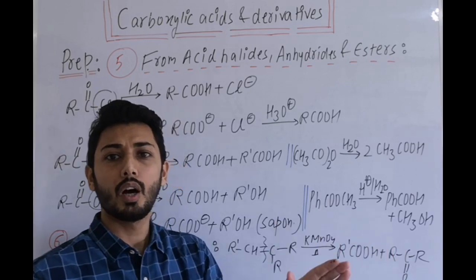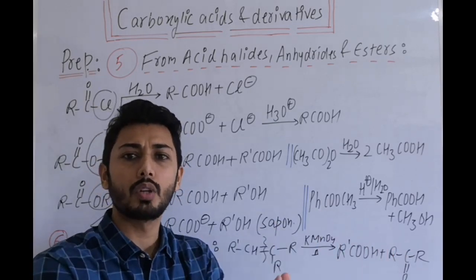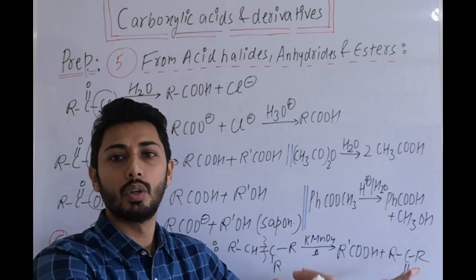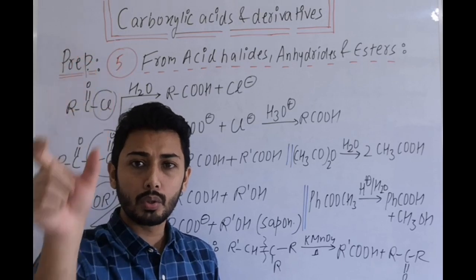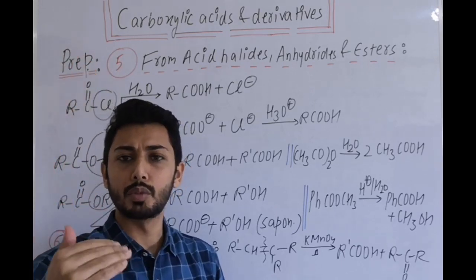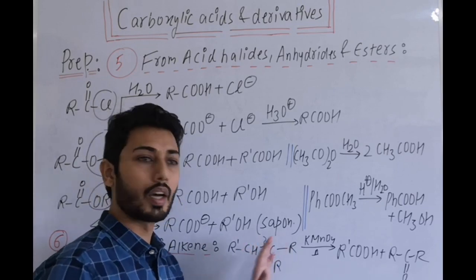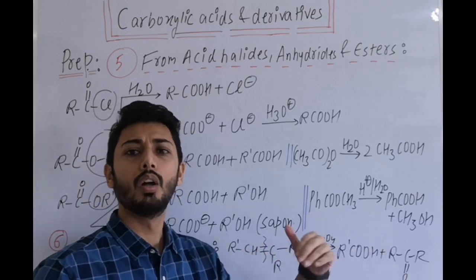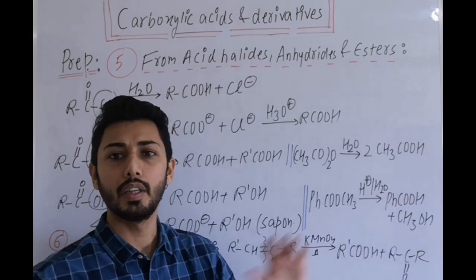Now, if in the options no ketone is given, that means on vigorous oxidation that will also undergo further carboxylic acid formation. So remember, going through the options you have to select the one which is more appropriate. Generally, we first form carboxylic acid and ketone. On further vigorous oxidation, the ketone will again give carboxylic acid.